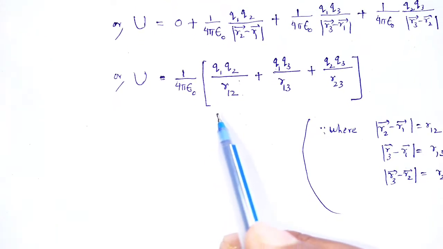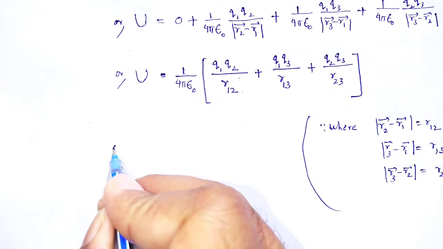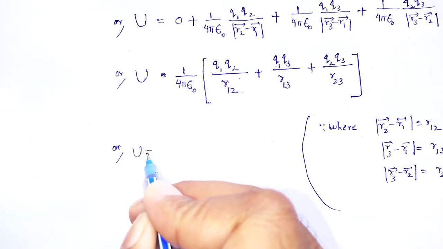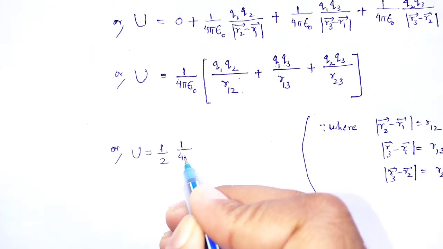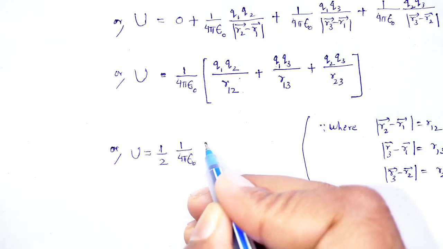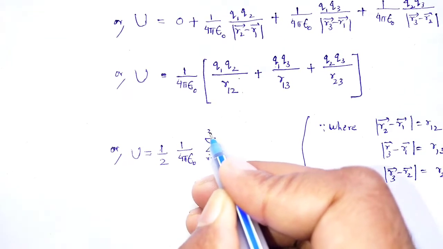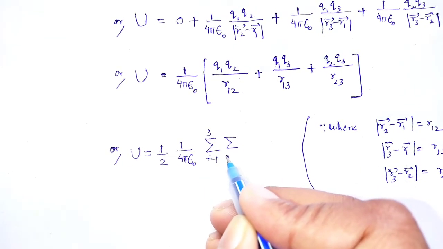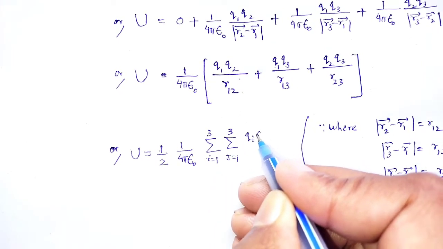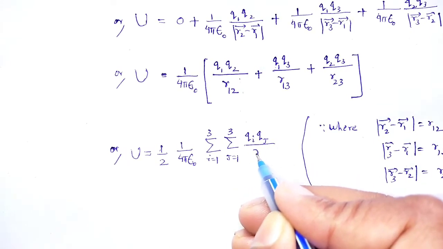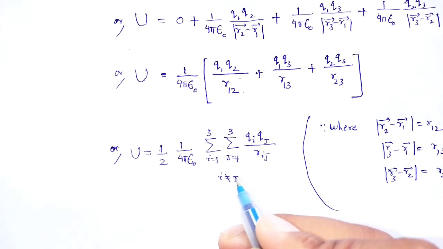That equation can be written in summation form as U is equal to half times 1 by 4 pi epsilon naught, summation over i from 1 to 3, summation over j from 1 to 3, qi qj divided by rij, where i is not equal to j.